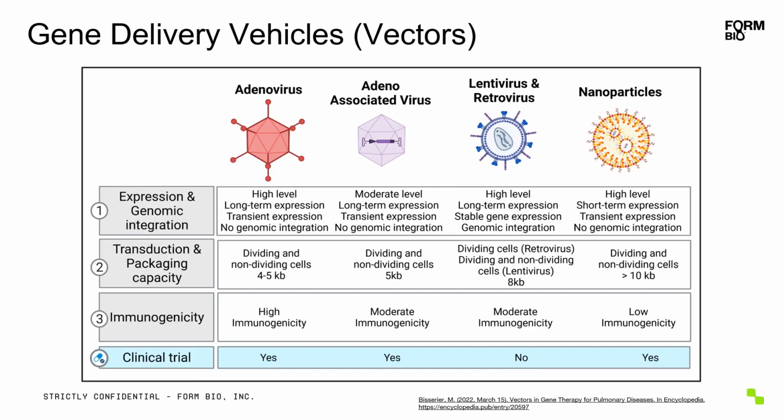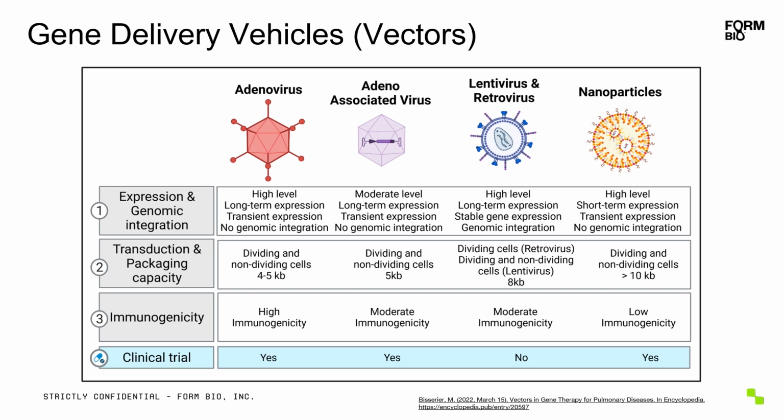For in vivo gene therapy, selecting the right vector or the right delivery mechanism is very important. You can define a vector as the vehicle that we will use to deliver the therapeutic genetic material into your body. And typically, those vectors will be derived from viruses because through evolution, those viruses have become very, very efficient at infecting the human body and getting into human cells.